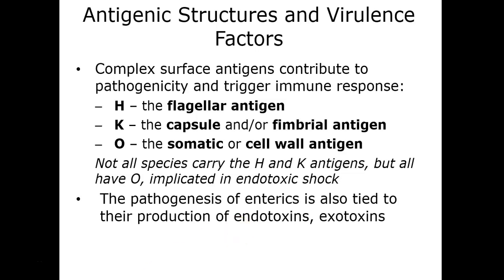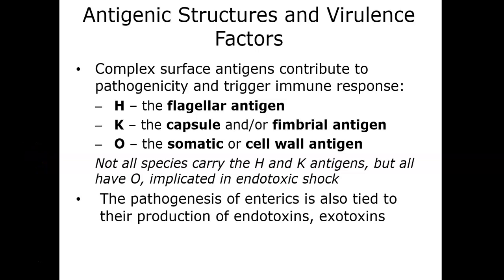The first one is the H antigen, and this is the one that indicates the type of flagella for movement. The K antigen is the capsule, and also can be the fimbriae antigen as well. And then the O antigen is the cell wall antigen. So make sure that you're familiar with the H, K, and the O. H is for the flagella, K is for the capsule, O is the cell wall antigen.